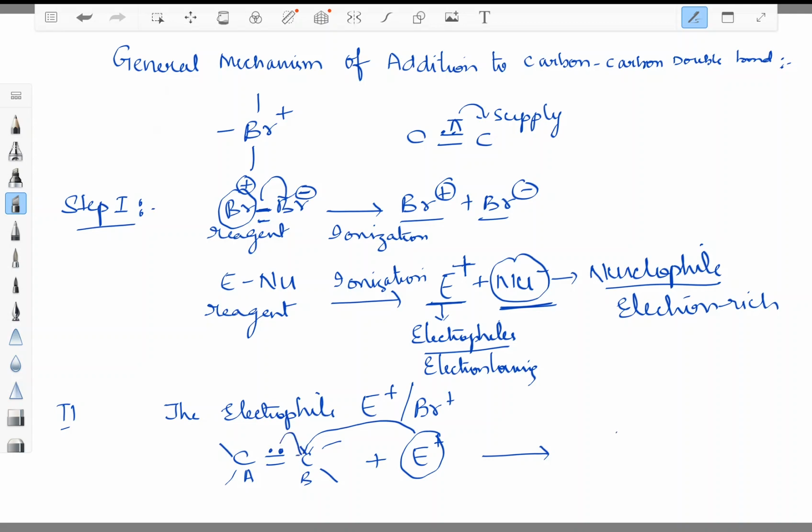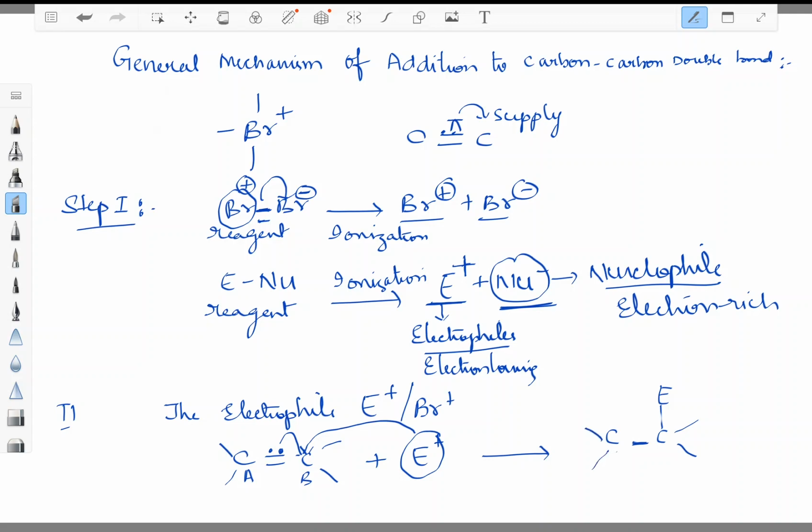This results in the formation of a C-E bond. The carbon already had two bonds, and one more bond is now formed due to these pi electrons, and it is now E. Because the pi electrons have been transferred here, I need to remove this pi bond, so only the sigma bond will remain here, and two bonds were already here.